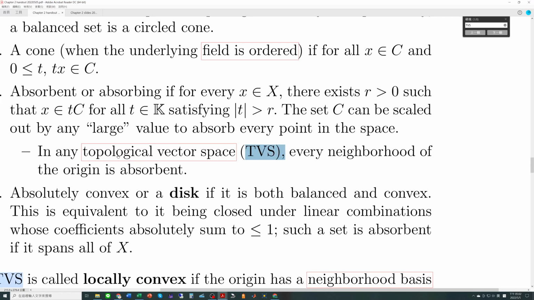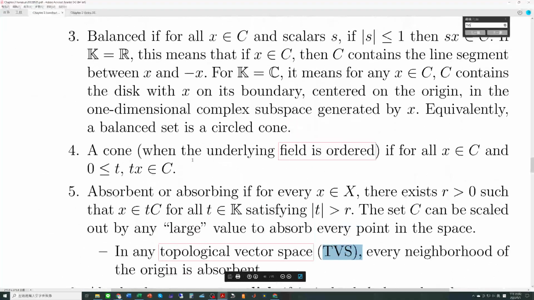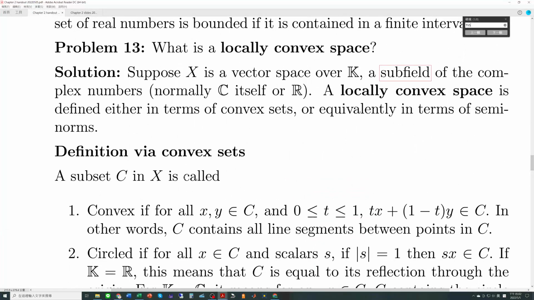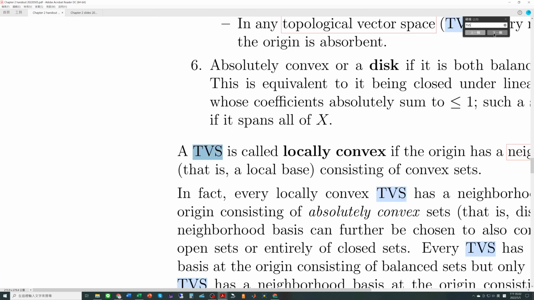Topological vector space, TVS. Because it is in the solution to problem 13. What is a locally convex space? So we need to know it. Let us go to TVS.